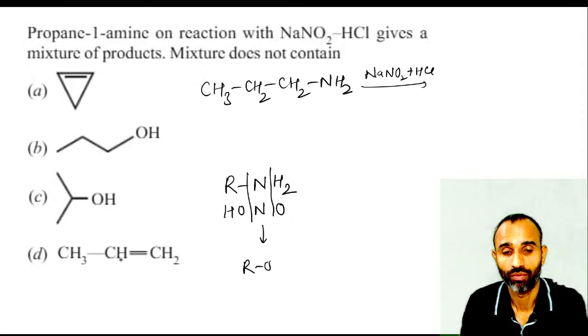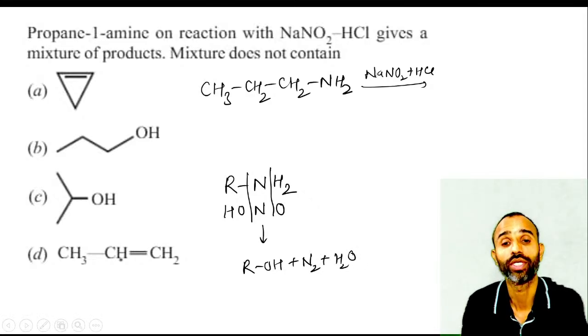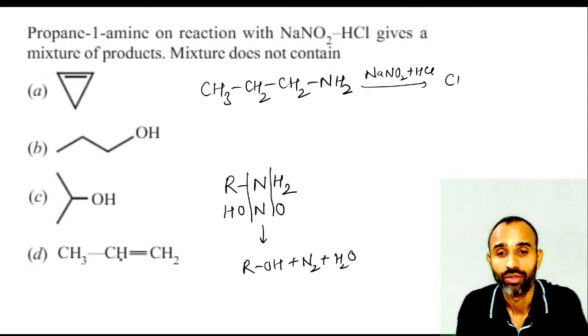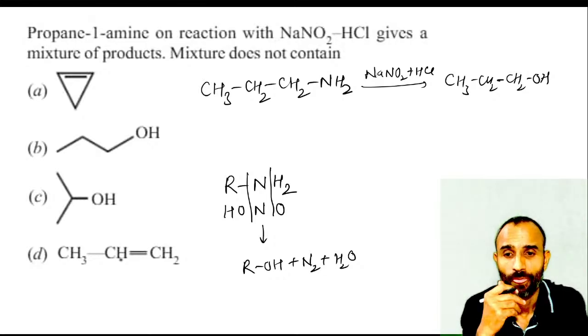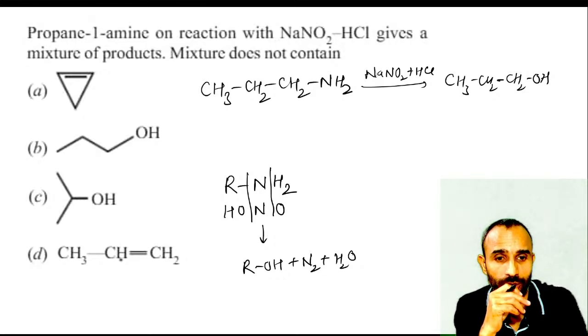So it gives alcohol, nitrogen and water. So CH3CH2CH2OH. Okay, it gives a mixture of products. Propane 1-amine on reaction with NaNO2 and HCl gives a mixture of products.